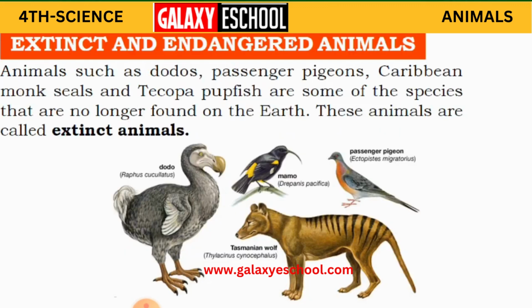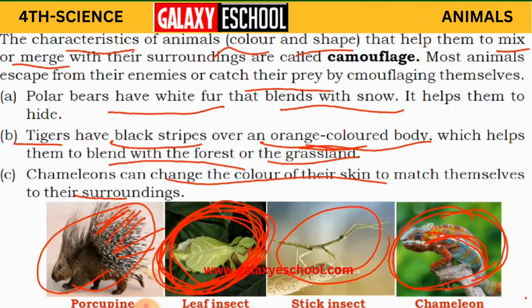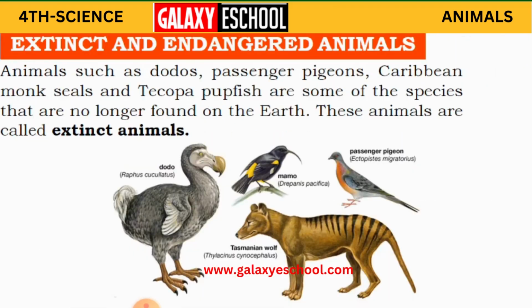Now, we'll just learn about extinct and endangered animals. So what are extinct animals? And what are endangered animals? Animals such as dodos, passenger pigeons, Caribbean monk seals and Tecopa pupfish are some of the species that are no longer found on earth.